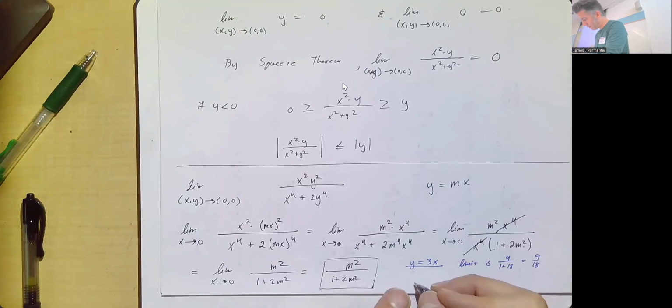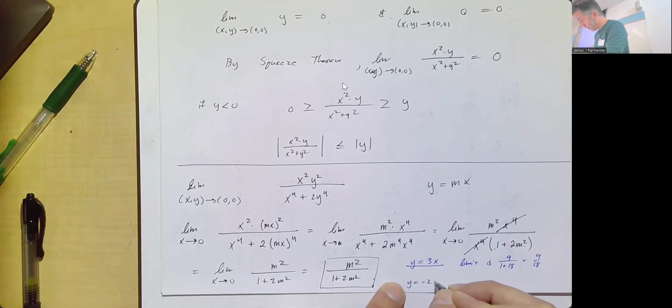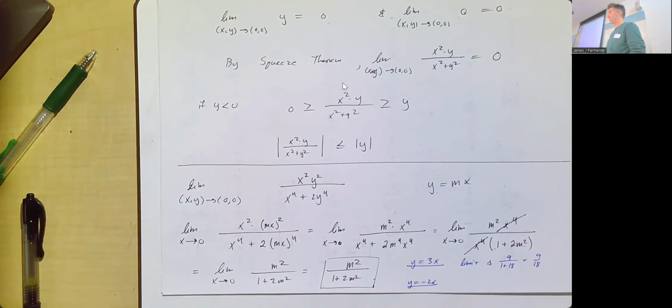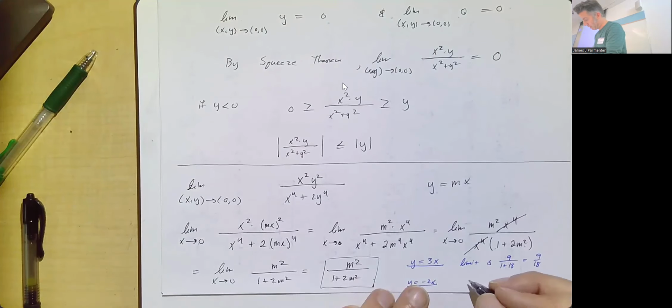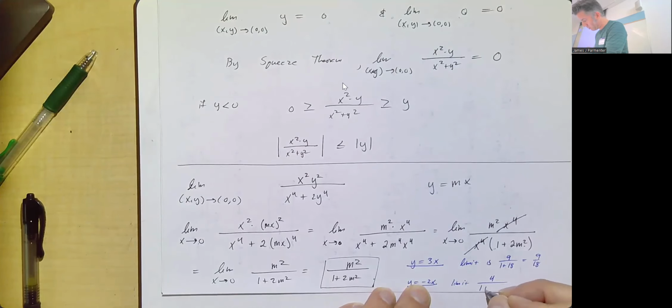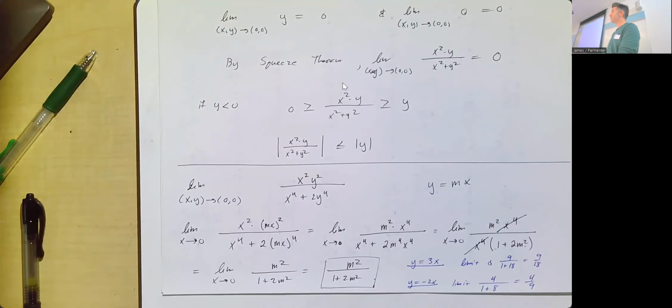Along the path y equal to negative 2x, which is also a y equals m times x, the limit ends up being 4 on top and 1 plus 2 times 4 on the bottom, which is 4 over 9. Those are not the same.